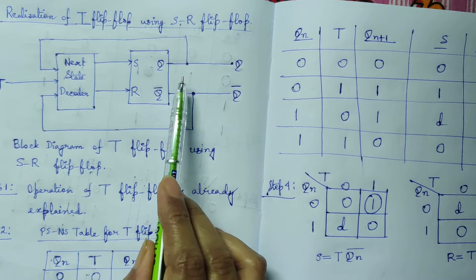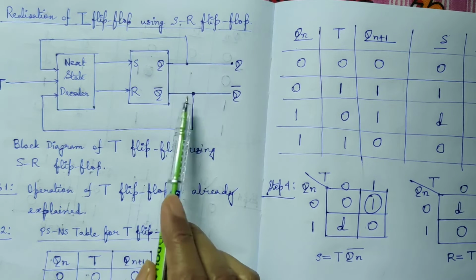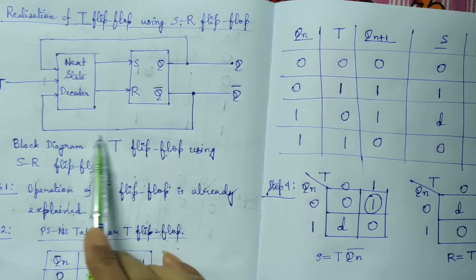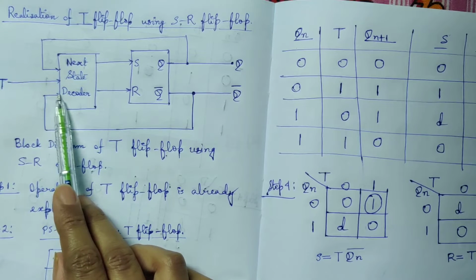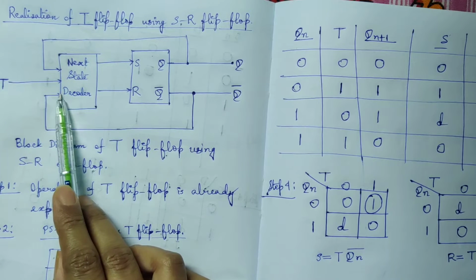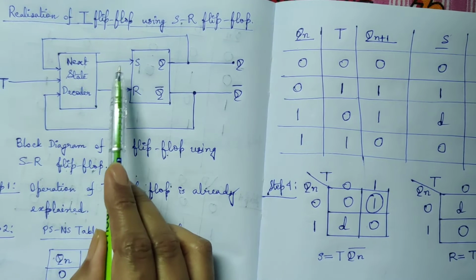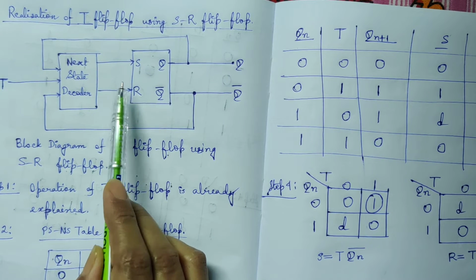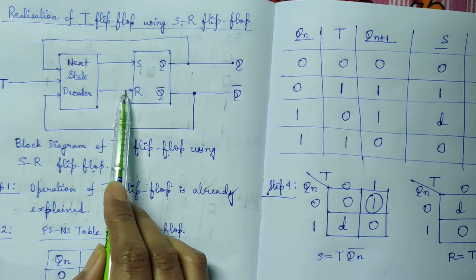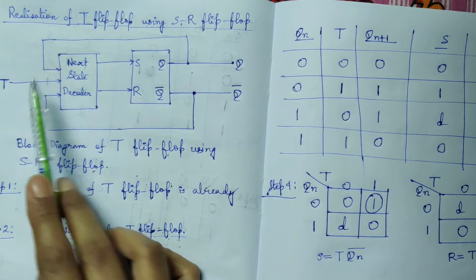The outputs of the SR flip-flop, Q and Q bar, will be fed back to the input side of the next state decoder. So here we have to find the expressions of S and R in terms of T and Q.